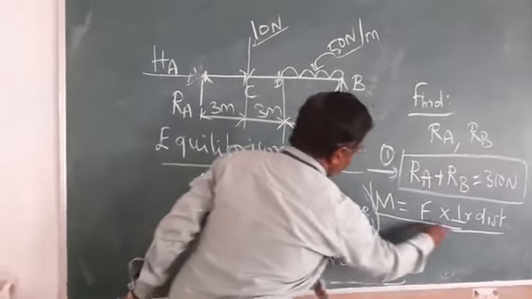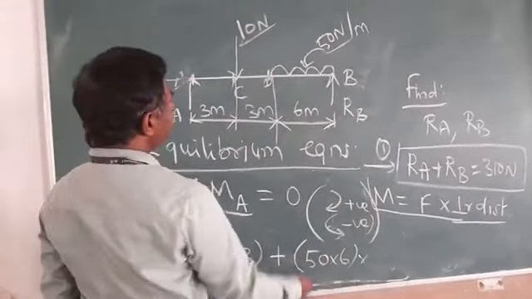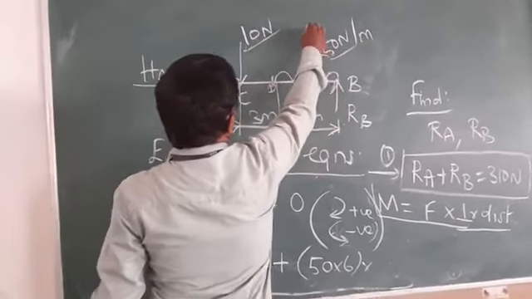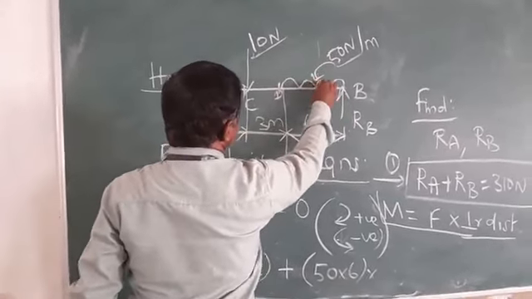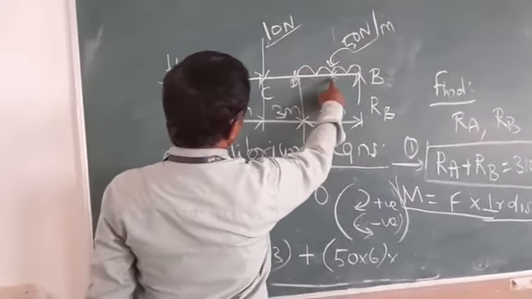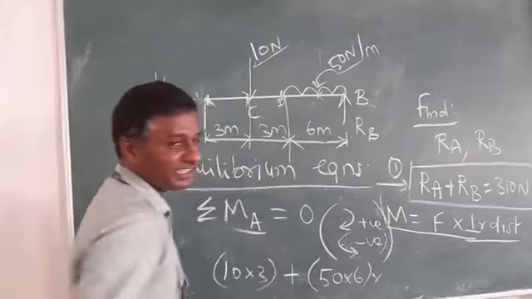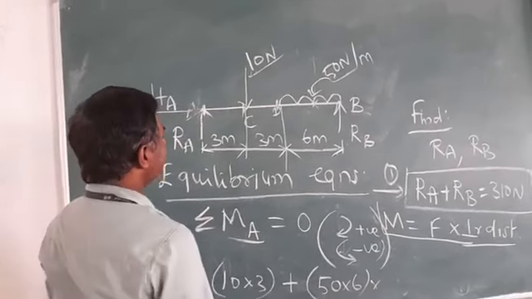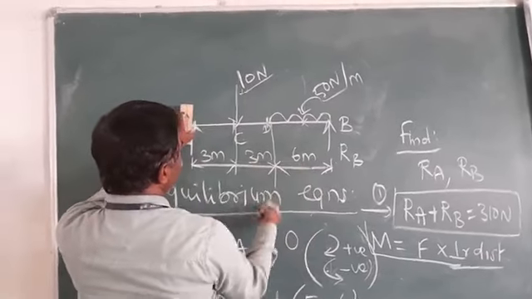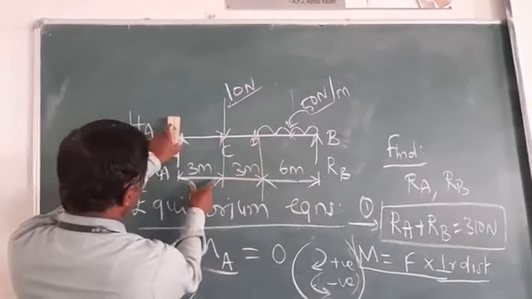Then force into perpendicular distance. What is the perpendicular distance? I already told you, for a UDL the total load acts at the center point. The 6 meters is split as 3 meter and another 3 meter. So the distance is 3 meter plus 3 meter plus 3 meter.